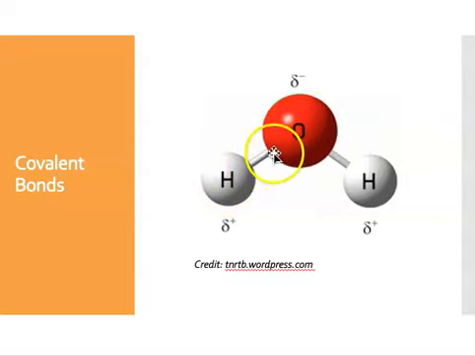They will be drawn closer to the atom that has the higher electronegativity. That atom will become partially negative, the other atom will become partially positive, and this will be called a polar covalent bond.